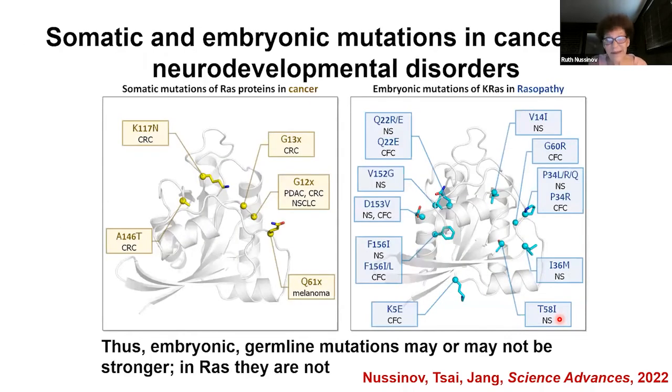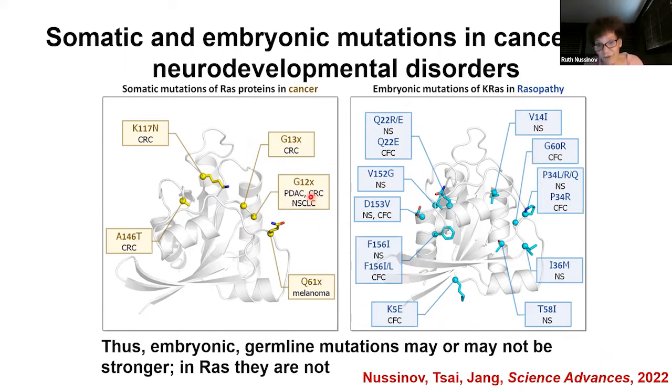Here we see somatic and embryonic mutations in cancer and neurodevelopmental disorders, here mapped on RAS. Here, these are somatic mutations in cancer. These are embryonic mutations in RAS. It would be the RASopathy.